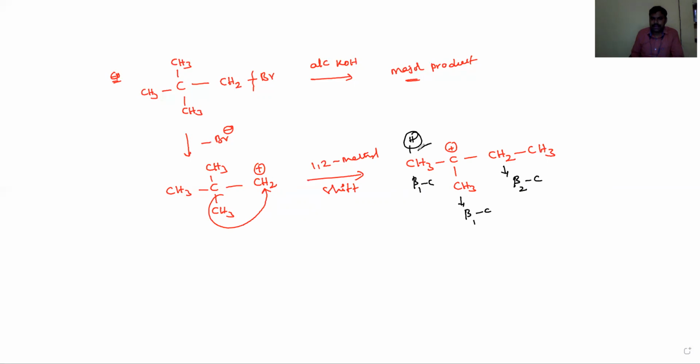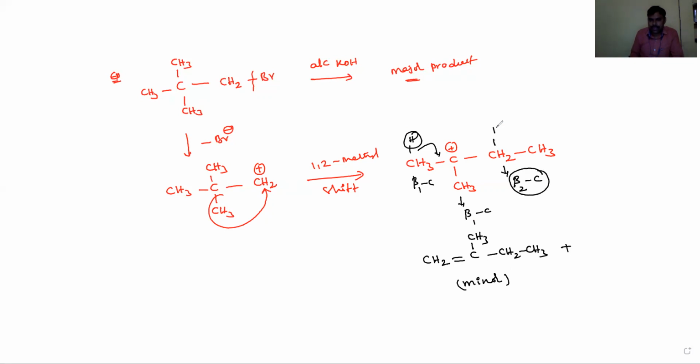If you remove a hydrogen atom at this beta 1 carbon, we will get the less substituted alkene, CH2 double bond C bond CH3 bond CH2 CH3. This is the minor product, which means two possible products are present. The major product is obtained by removing a hydrogen atom at the second type of beta carbon.